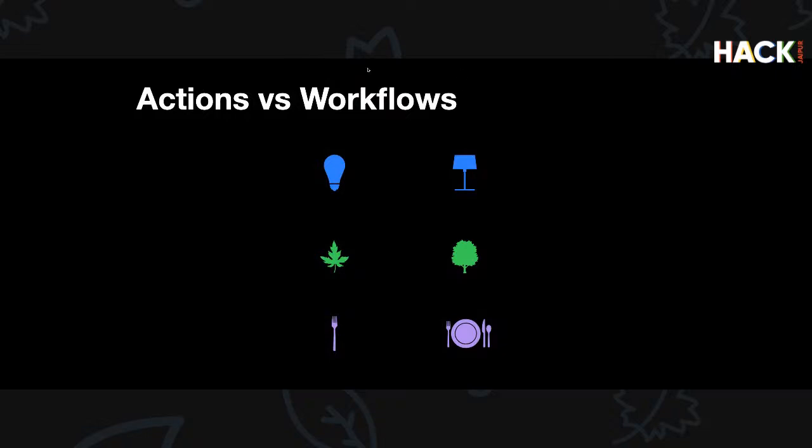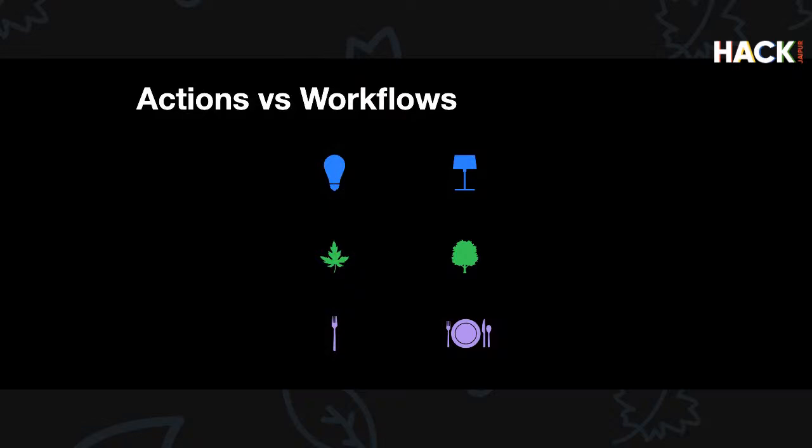Whereas a workflow is like a lamp, because in the lamp you have an on-off switch, which is a different component. You have a base that allows it to stand, and then you have a shade to make sure that the light is not too bright. So a workflow can have multiple different actions combined together to define a CI or CD pipeline.